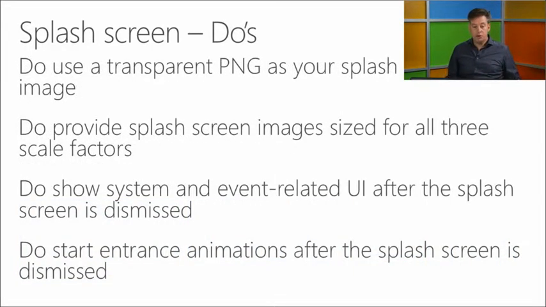What you should do with a splash screen: use a transparent PNG, because then it really can match. You can use the back color that you defined in your manifest, and it really just shows the icon, for instance, or the graphics that you use, and then it really blends in with the environment. And it also scales to various DPI plateaus.